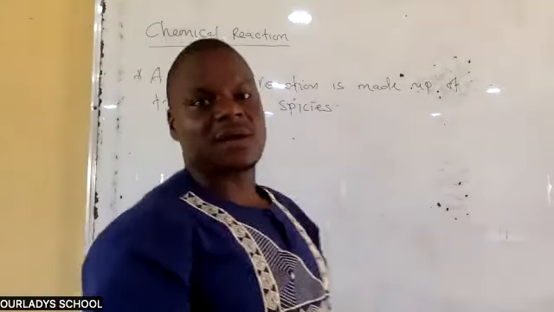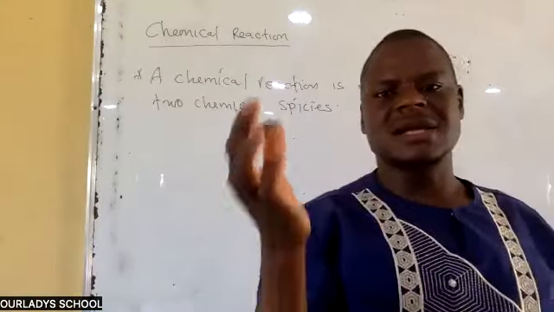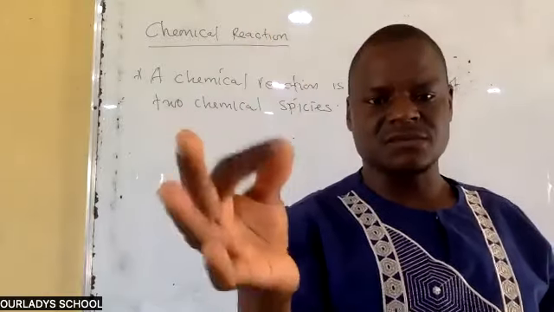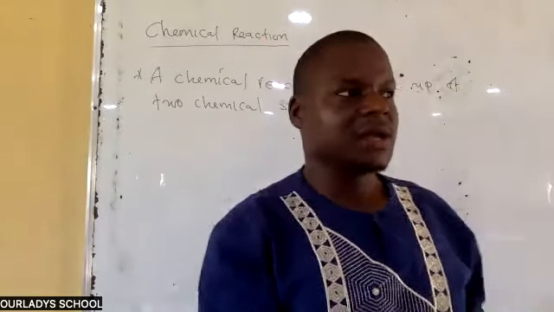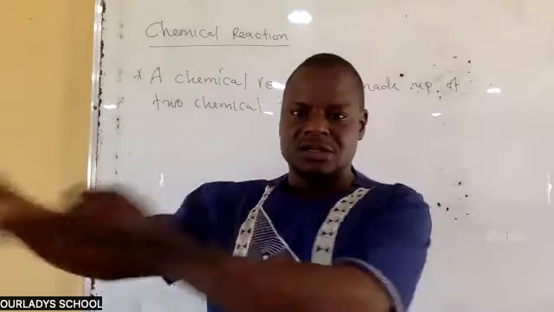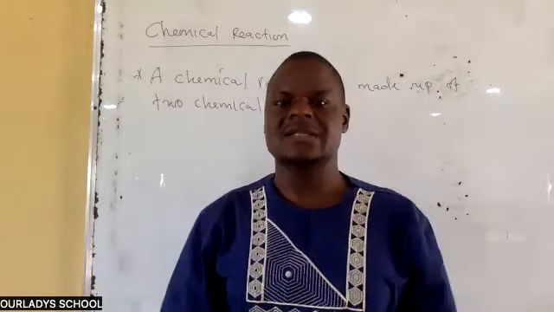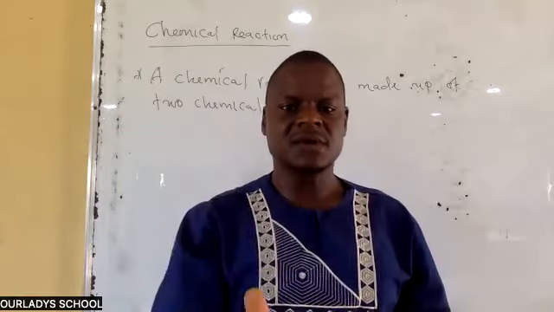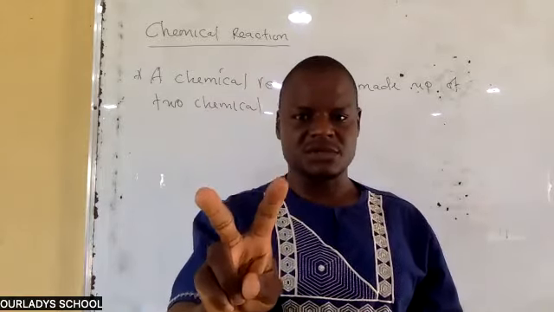Any chemical reaction that you can think of, for as long as that chemical reaction is successful, and when you say successful reaction, it is a reaction that led to the formation of products. So if it is successful, we expect to have two chemical species.